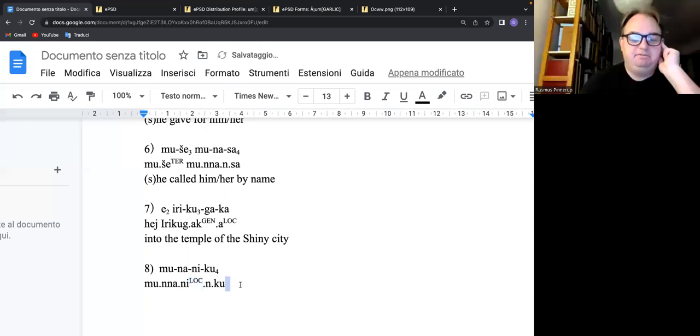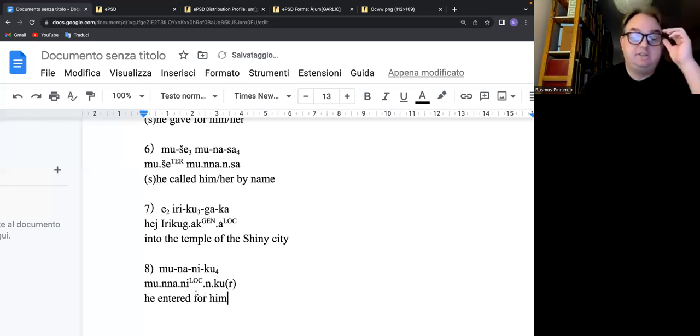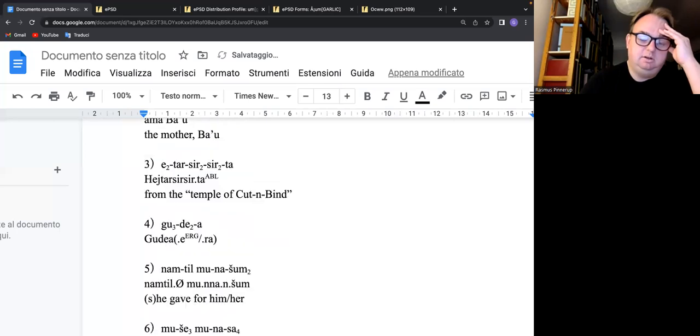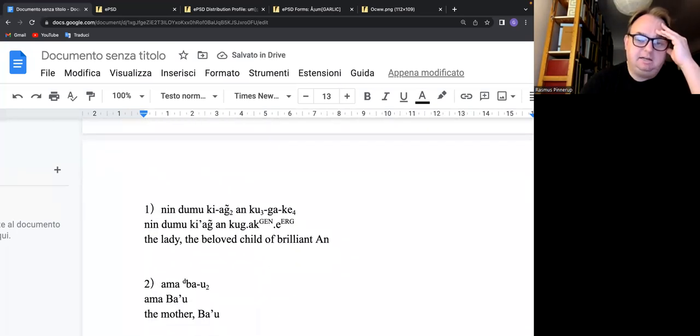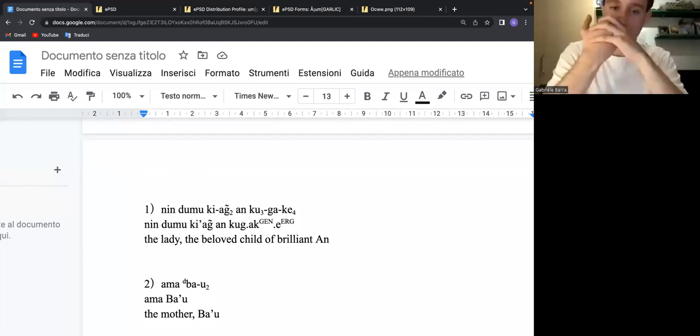So none of this gives us any clue to who the subject is, but since the first line was actively marked for the ergative, that is likely to be the case, right? I mean, the only ergative that we have clearly marked is the one in line 1.